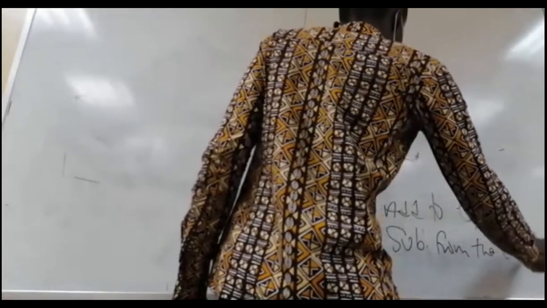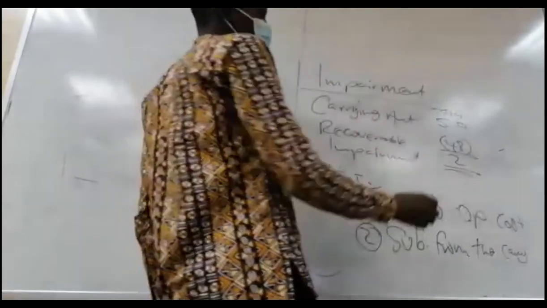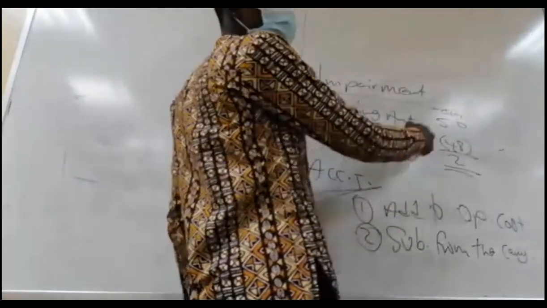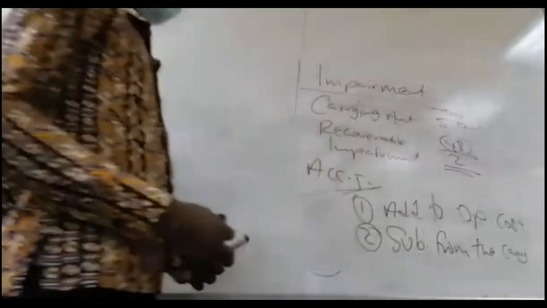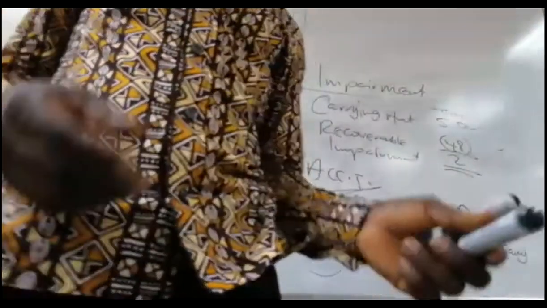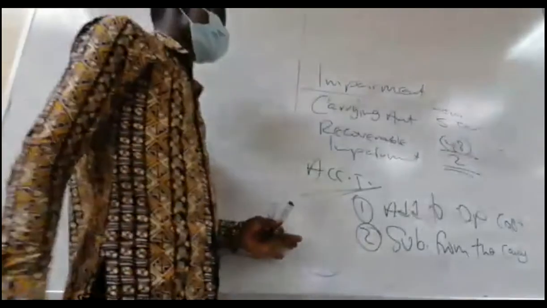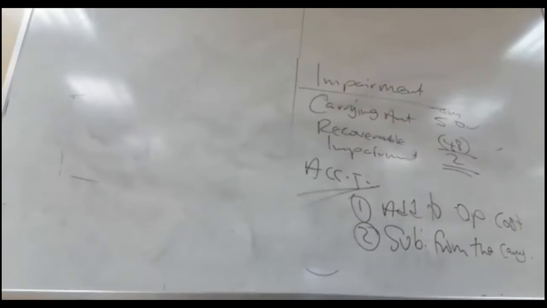Number two, subtract it from the carrying amount of the assets. So therefore, now the new carrying amount will be 48. So the old carrying amount of 50 minus the 2, making 48, which brings us back to the recoverable amount. That's all for that particular question. Now let's move on to the next one.